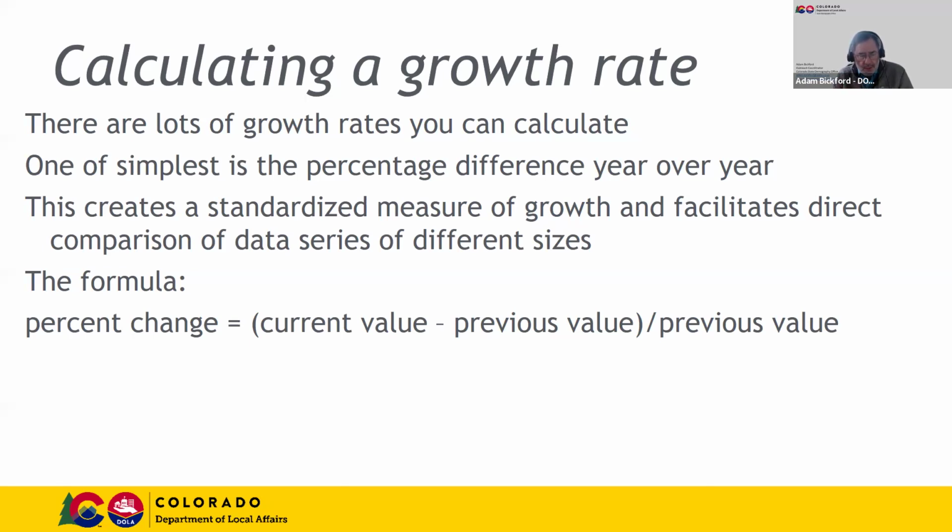It's just percent change: you take the current value for a year minus the previous value, divided by the previous value. That standardizes the population change so that you can compare two counties using the same base. The cliche is apples to apples, right?